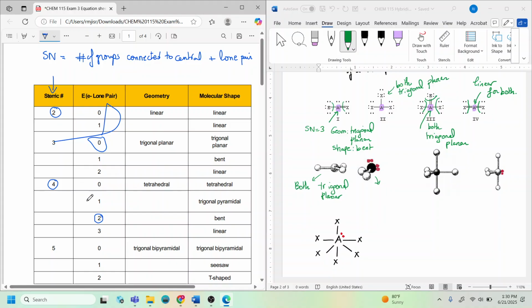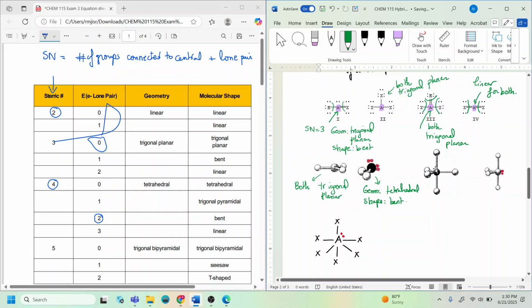So that leaves me with a tetrahedral geometry for this molecule here, and my shape is going to be bent. So see how the geometry and the shape are now different. They are apart from each other. Now my geometry is going to be tetrahedral, and my shape is going to be bent.